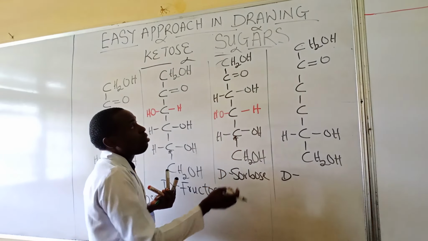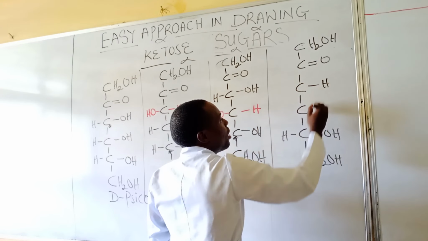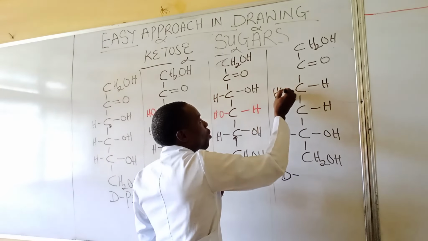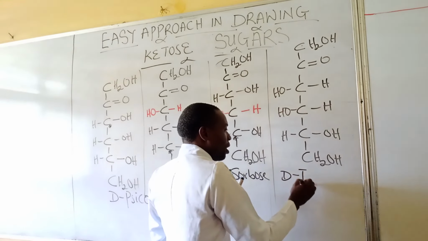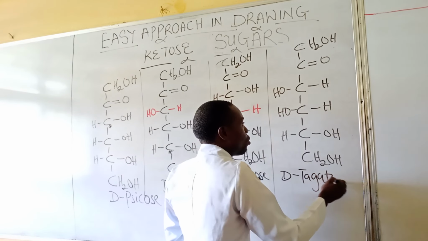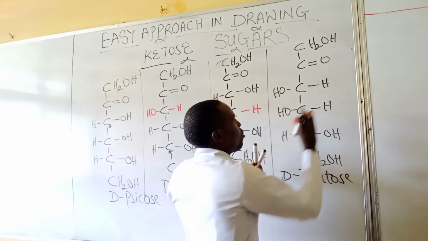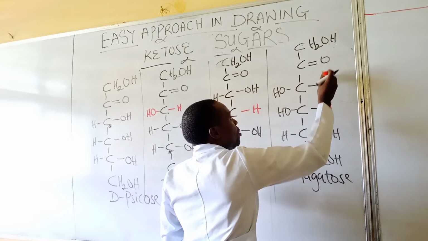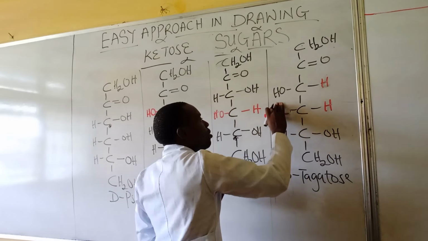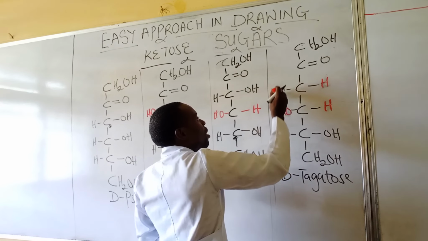So it means that we have to now change this two to be H, H, to give us our final structure. This is what we call D-tagatose. Let me clean it with a good red pen so that you can understand the illustration very well.